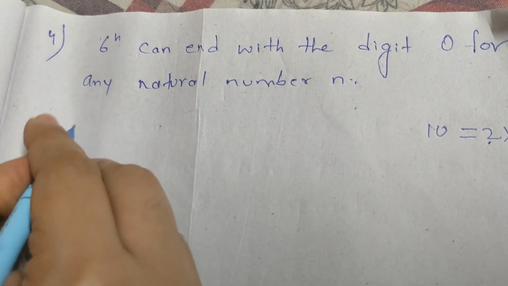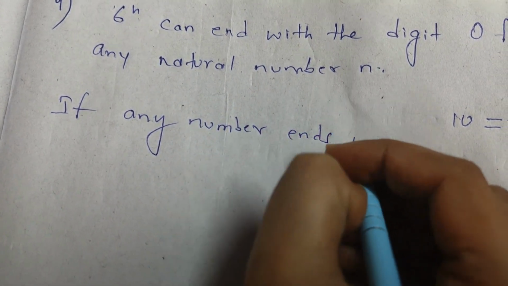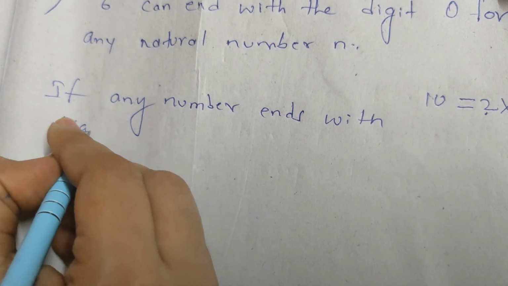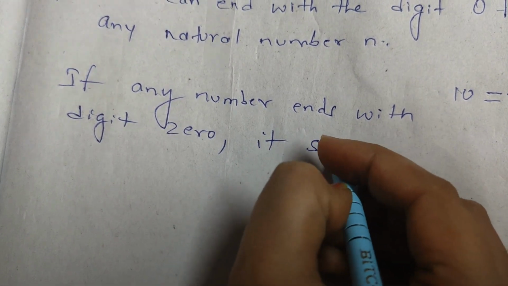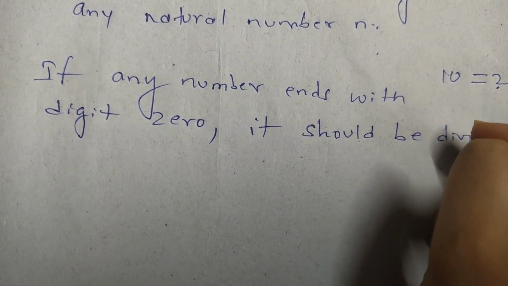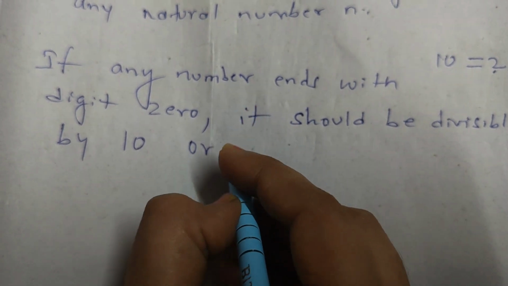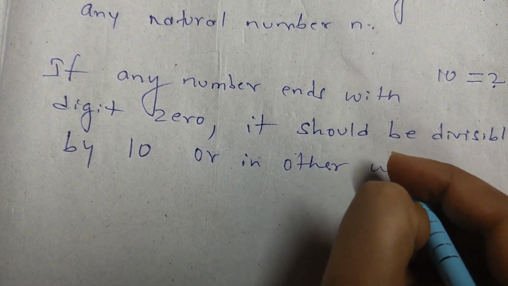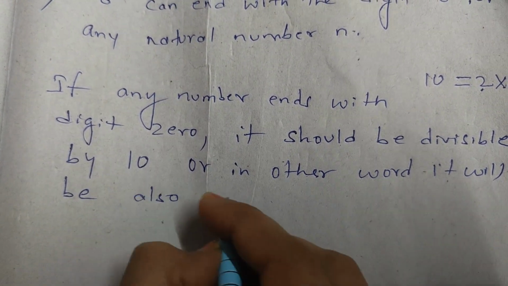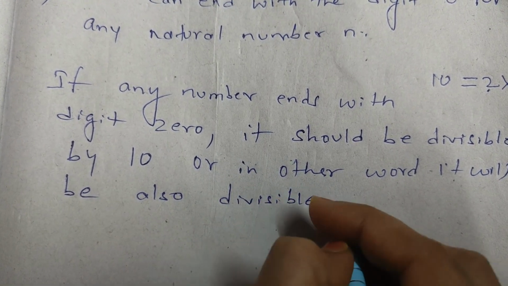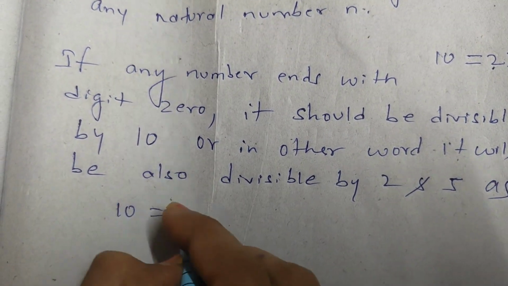So we write, if any number ends with the digit 0, then it will be divisible by 10, or in other words, it will also be divisible by 2 and 5, as the factors of 10 are 2 into 5.